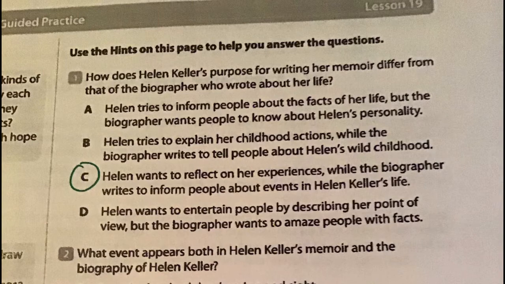She wants to share her personal experiences. Choice B is also incorrect because Helen doesn't attempt to explain her actions, and the biographer never calls Helen's childhood wild. And choice D is incorrect also because neither text is written to entertain. The correct answer is C.